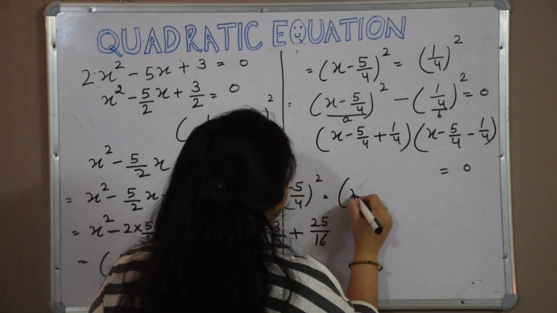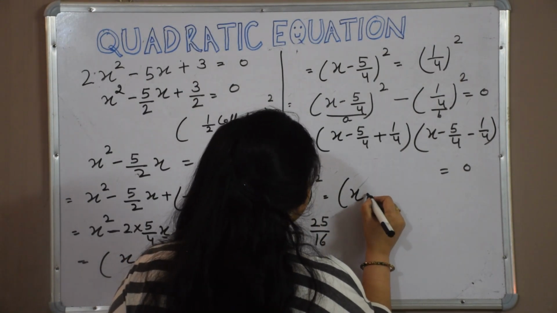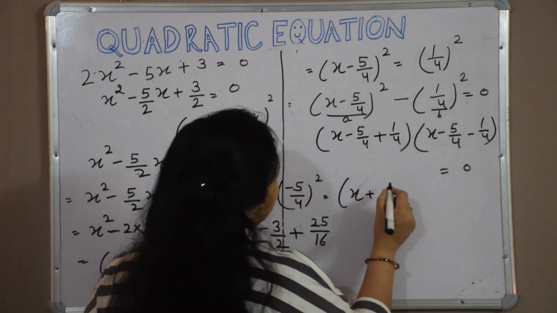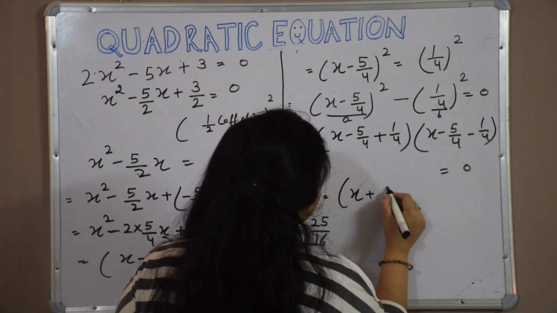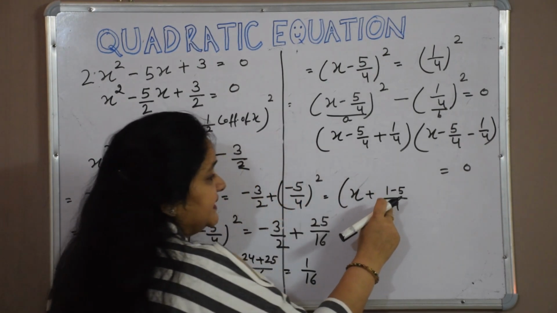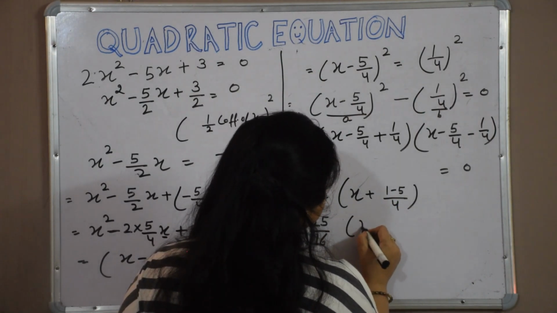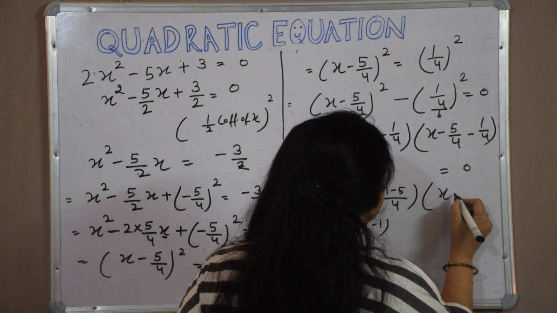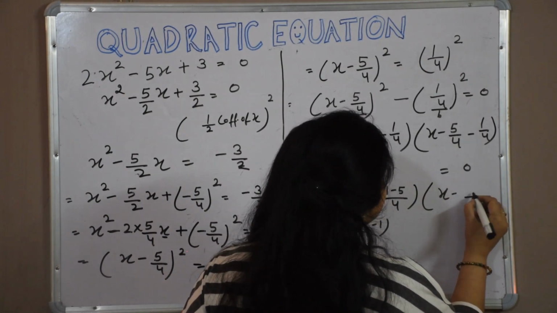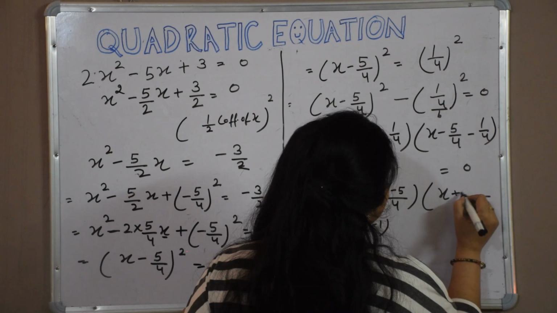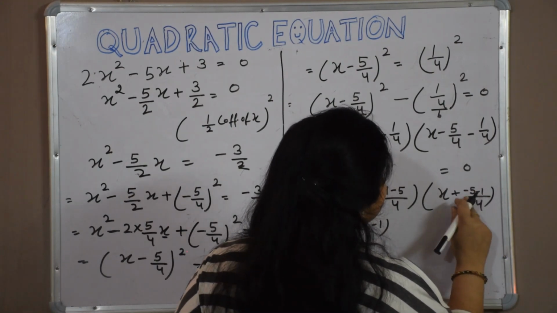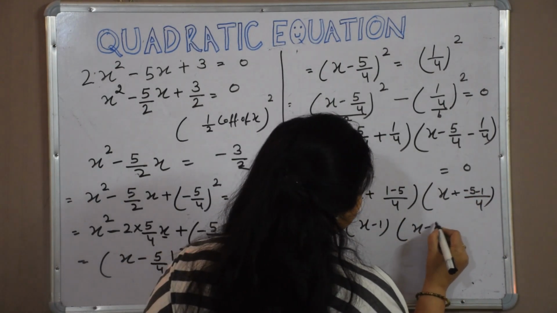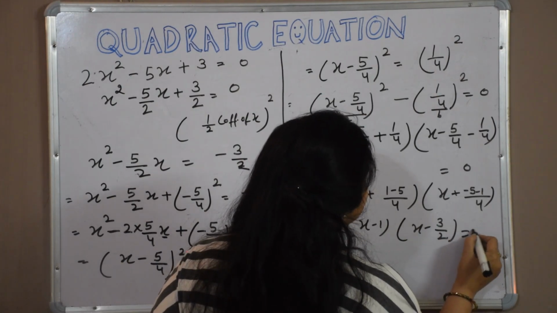Now solve it. LCM we are taking 4, so we are getting 1 minus 4, that is minus 4 by 4, that is x minus 1, and here 4 is the LCM, minus 5 minus 1, minus 6 by 4, that is x minus 3 by 2 equals 0.